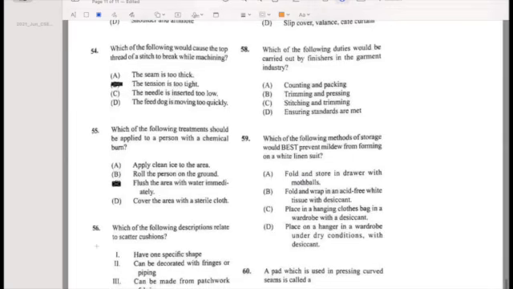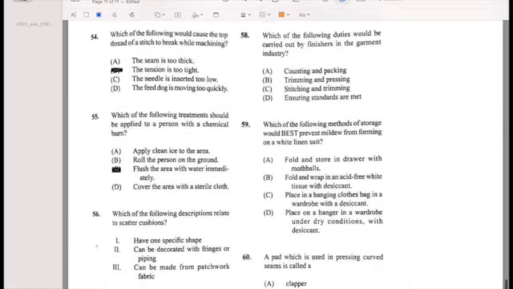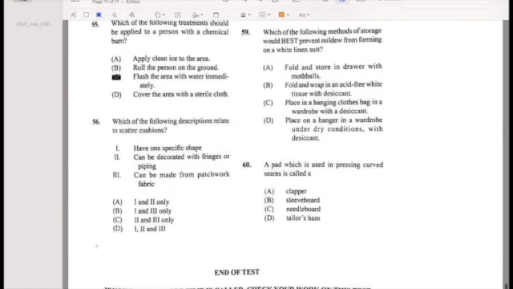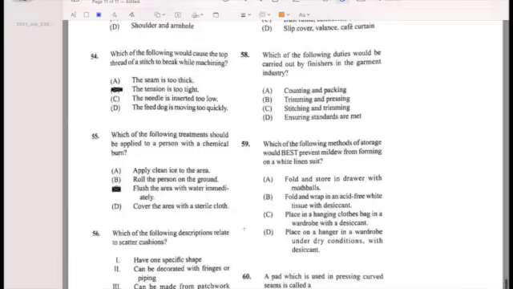All right, 56. Which of the following descriptions relates to a scatter cushion? They gave us some options here, and our answer for 56 will be C. All right, 57, almost there.